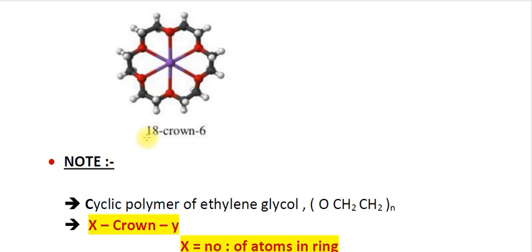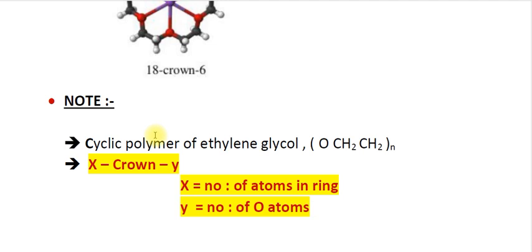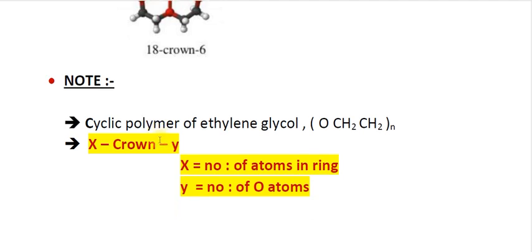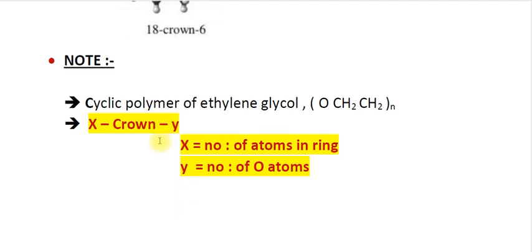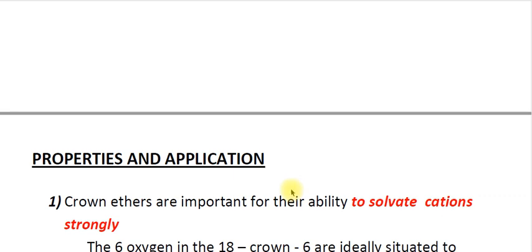If it is 15, then we understand it has 15 atoms. 18 crown 6 means 18 atoms, and out of that 6 are oxygen atoms. Y is the number of oxygen atoms. This is how all the crown ethers are named.